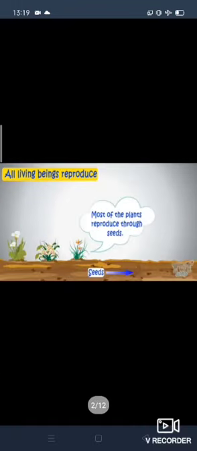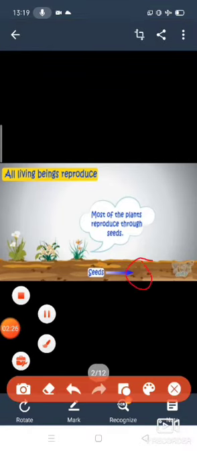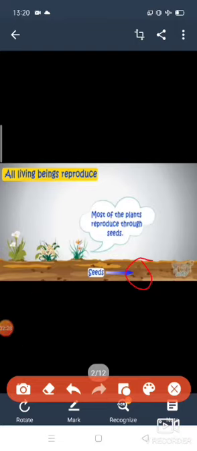Okay, so most of the plants reproduce through seeds, children. Whenever we put one seed inside the soil, then the plant grows up. So most commonly the plants reproduce through seeds, but we will know the other mode of reproduction also in the plant life.